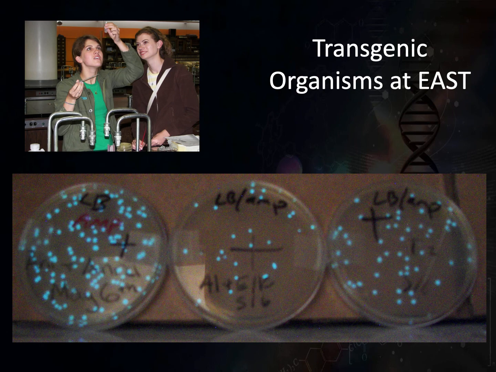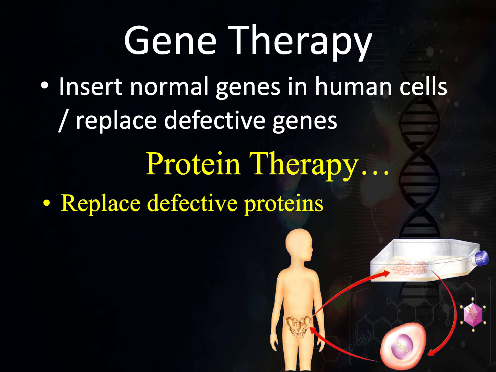Now, why would you want to do that in kind of the end game? So one of the big reasons we want to do this is known as gene therapy. So the idea is that we can take and insert normal genes into human cells to replace defective ones.